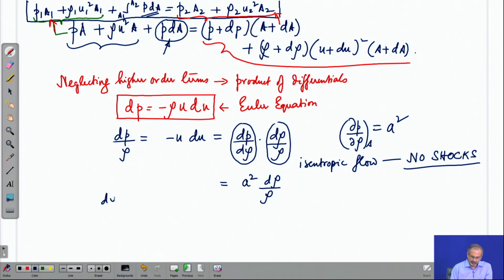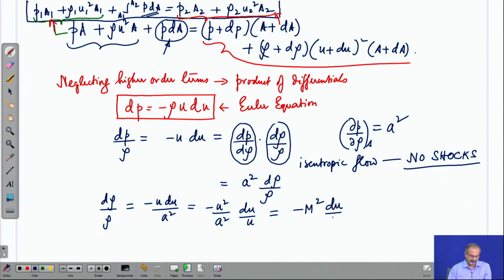We have d rho by rho equals minus u du by a square, which finally boils down to this. Now, you look at the continuity equation which you had derived earlier, plug this result into it, what will you get?